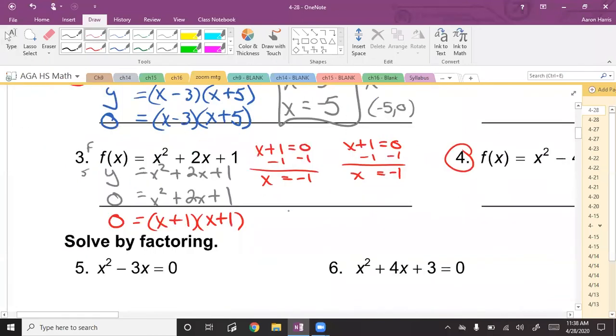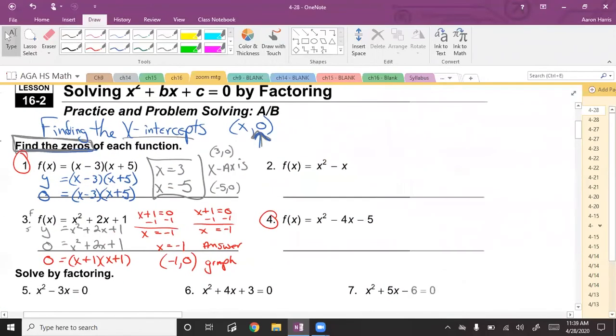Therefore, I know that's my vertex. x = -1. So I know (-1, 0). This is the graph part. This is your answer for the 0. Okay? And I'm just doing the graph. You don't have to do the graph part. I'm just getting ahead because I like to get ahead and help y'all out.